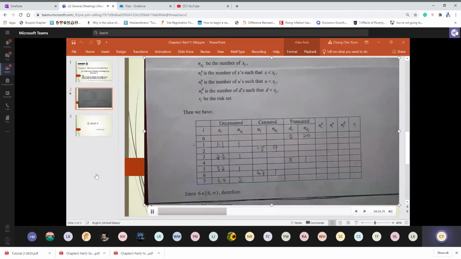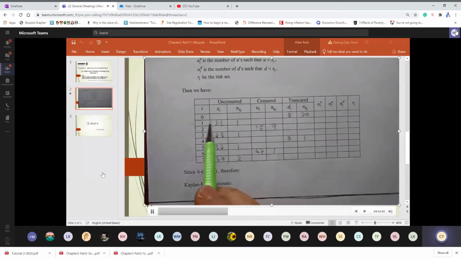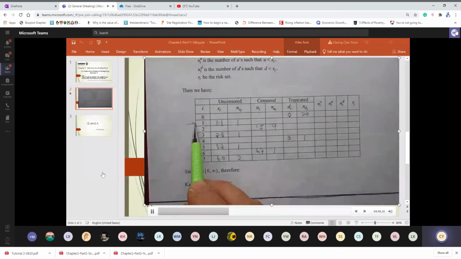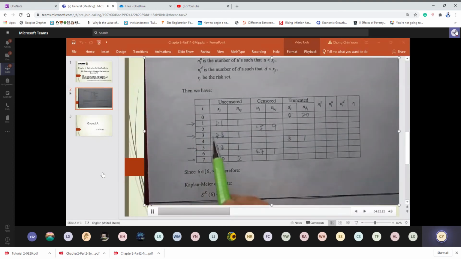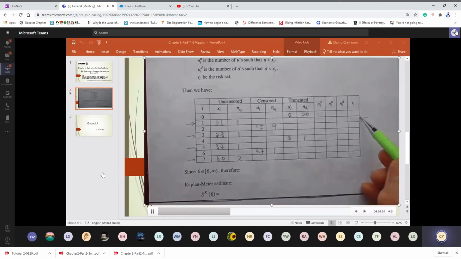You have to take note here, because I'm using only one table, so you only look at the rows which consist of the uncensored values. In other words, we are looking at these 4 rows.